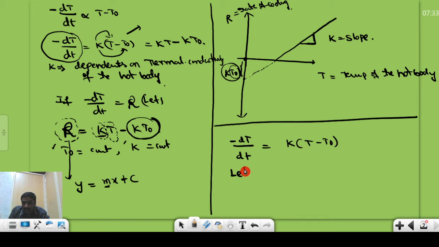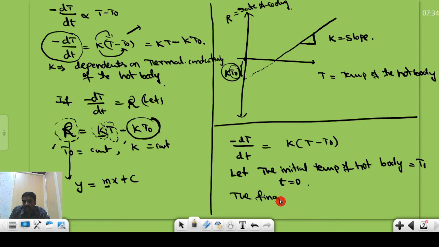Let the initial temperature of the hot body be T1, where initial temperature means at t equal to 0 time.